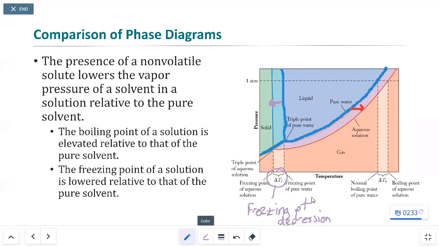Because we can see how much that freezing point has been depressed, how much it has been lowered by going into solution as opposed to on its own as a solvent.